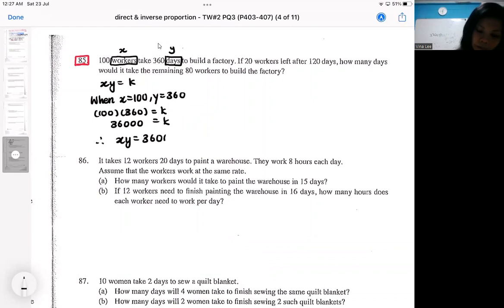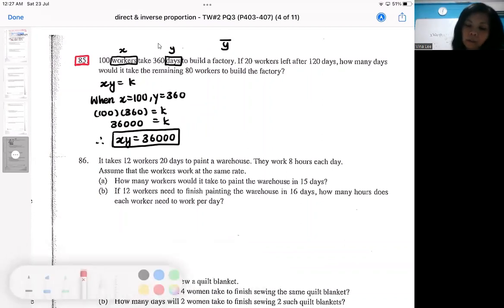Even though the numbers look a little bit big, it doesn't matter. Alternatively, you can write it in this way, and you will still get the same equation.